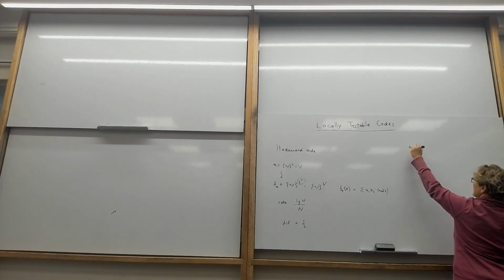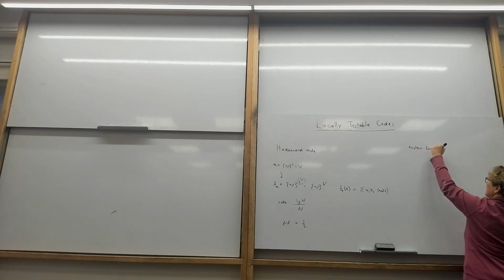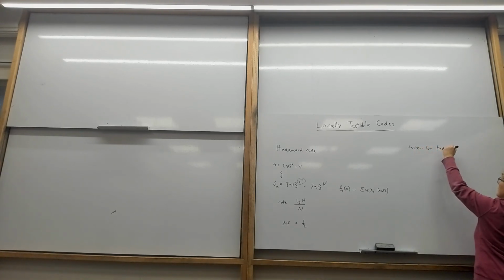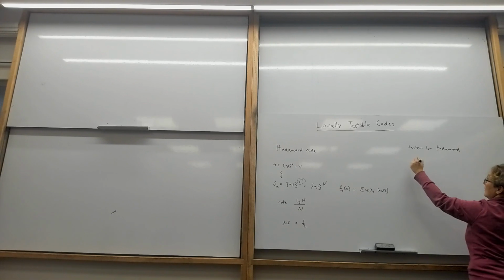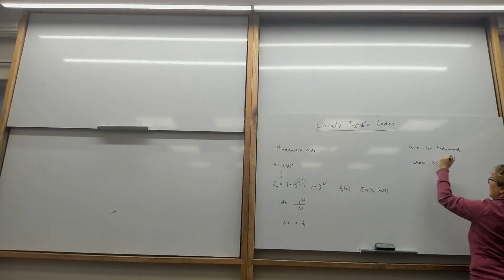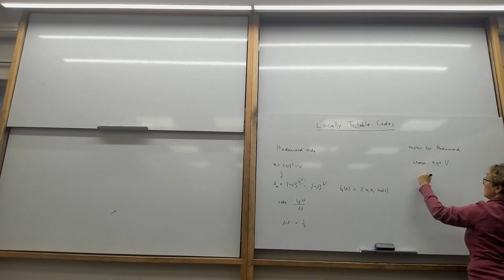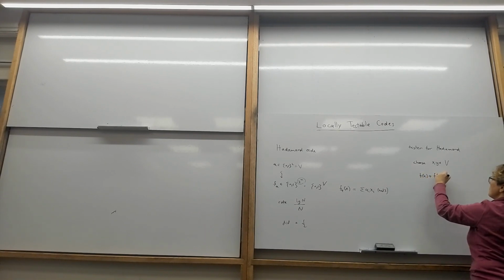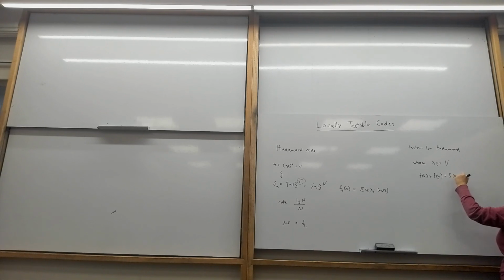The tester for the Hadamard code was: choose 2 points x and y, and accept if f(x) plus f(y) equals f(x plus y). So this tester looks at 3 bits in a code word. And we proved that it works.